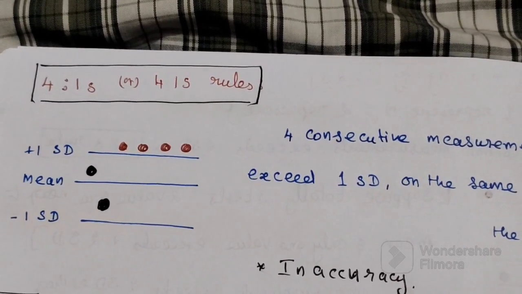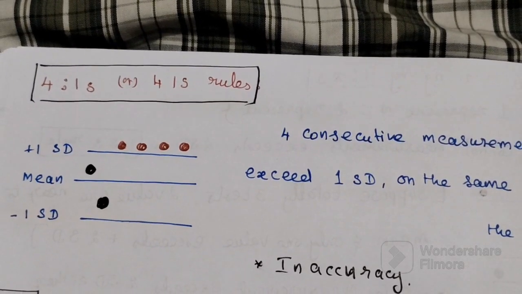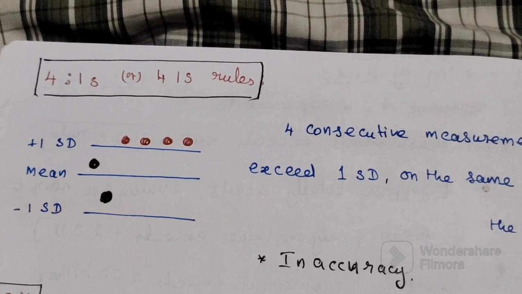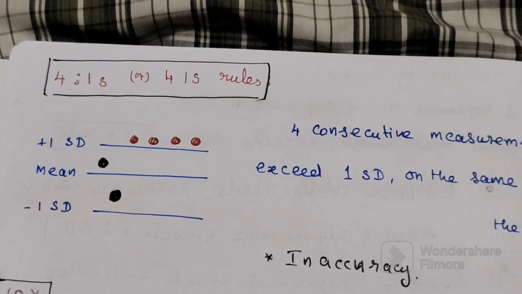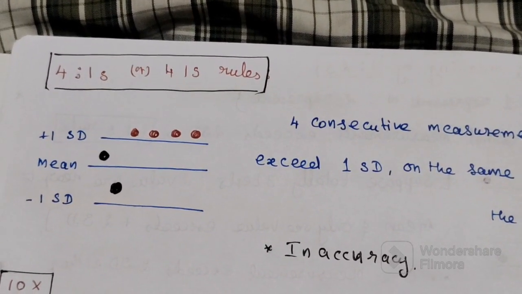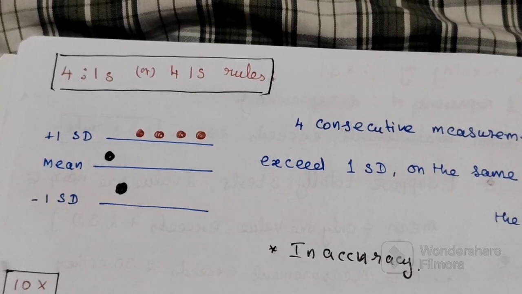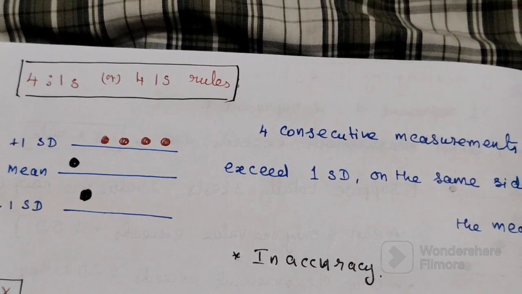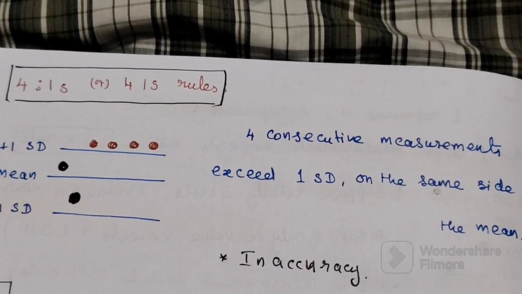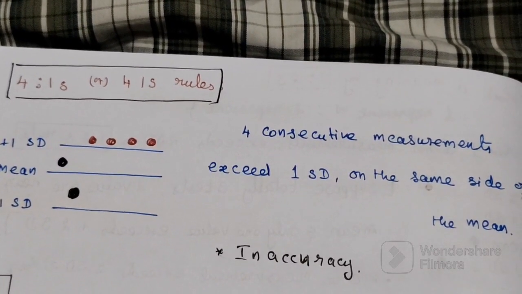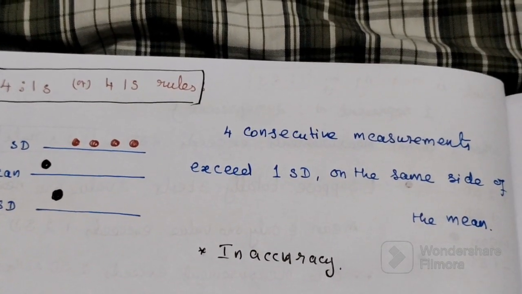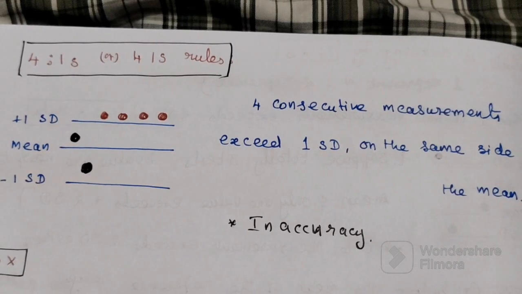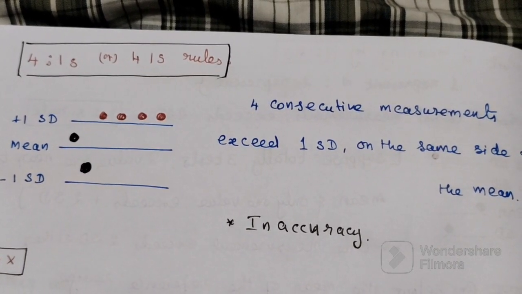When you are running a single control sample for 4 consecutive days, you get results above one standard deviation, though they are below 2 standard deviation. This is also a rejection rule. If you get all 4 values in the same run, it is called the 4-1s rule within run.